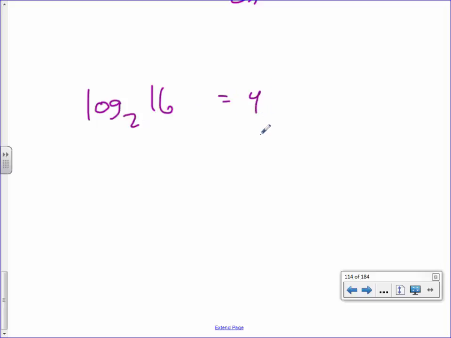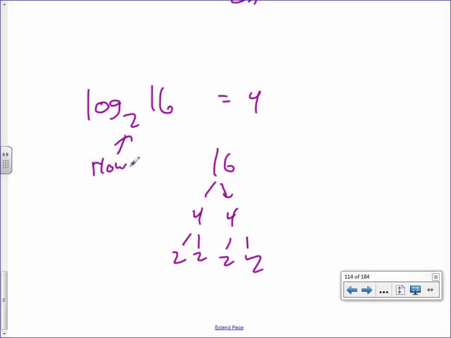The answer is 4. The reason is that 16 breaks up into, say, 4 times 4. That's 2 and 2, and that's 2 and 2. So the question is, how many 2's are there in 16? And the answer is, there are 4 of them. Does that make sense?